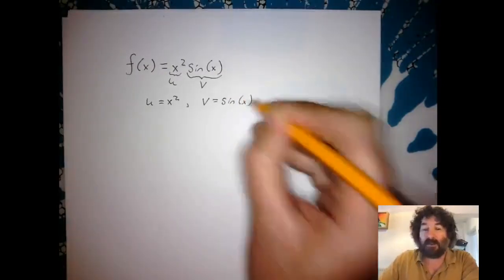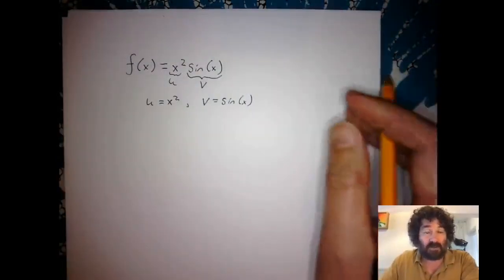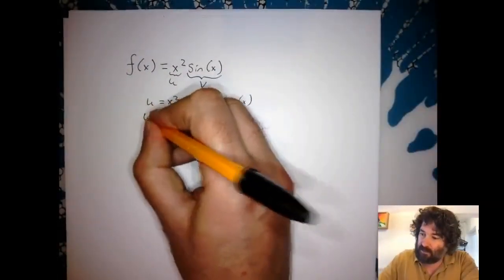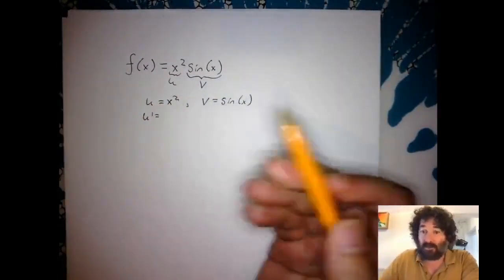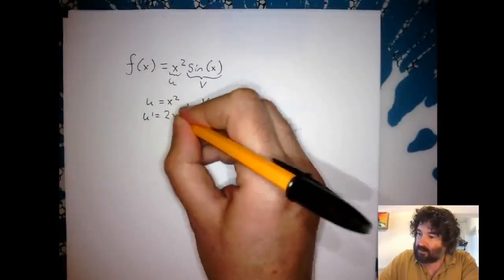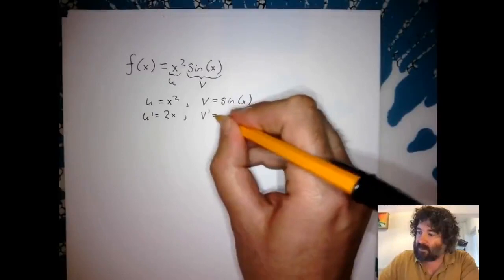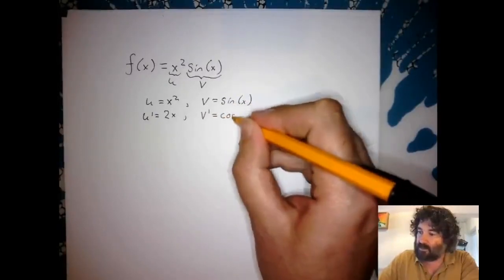And so these are functions that you have to know the derivatives of, and these were ones on the table that I presented last time. The derivative of x squared, that's the one we went over, is 2x. The derivative of sine, one of the examples from the table from last time, is cosine.